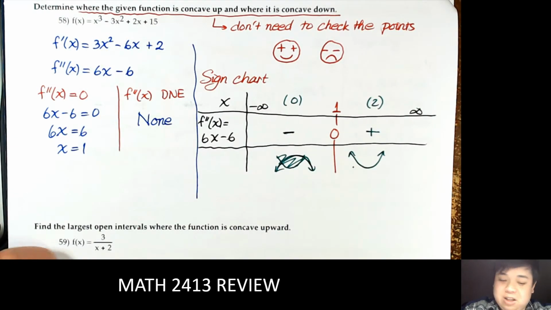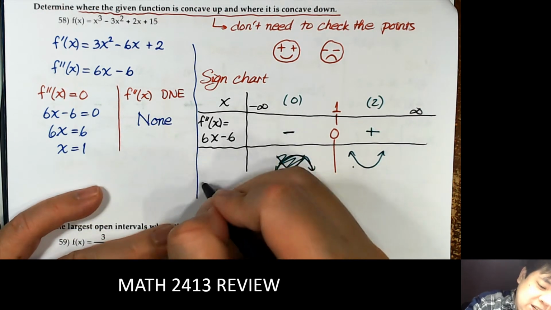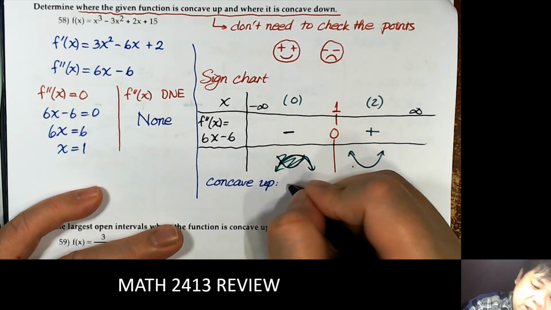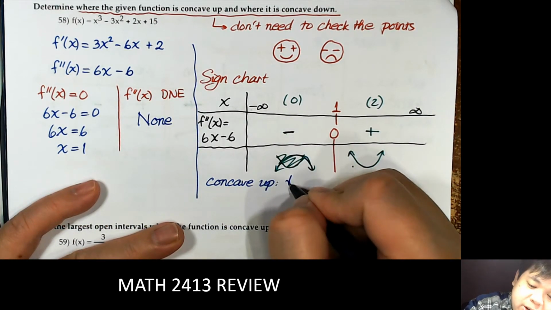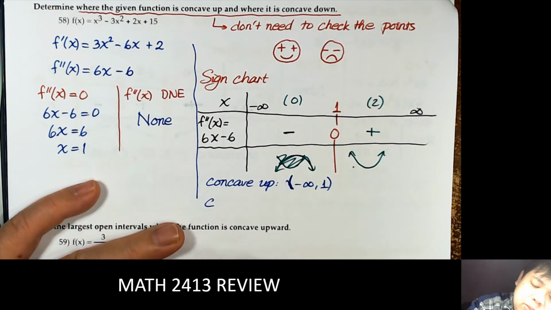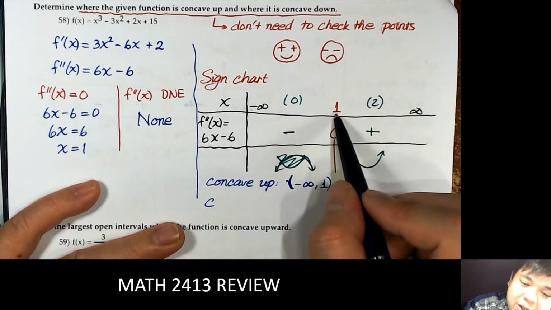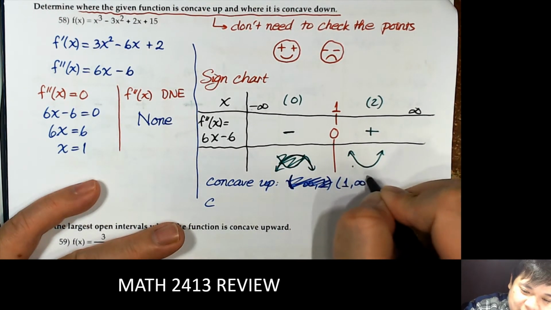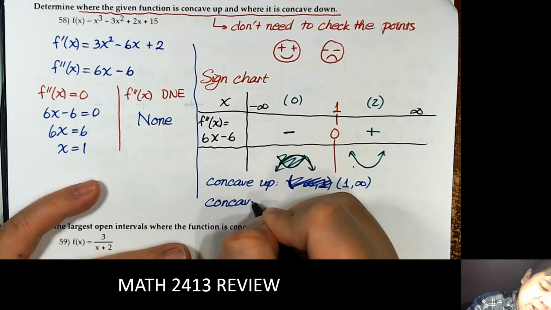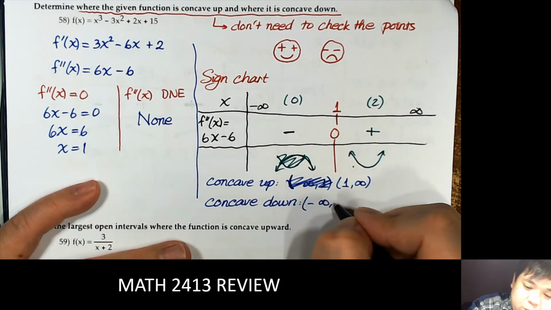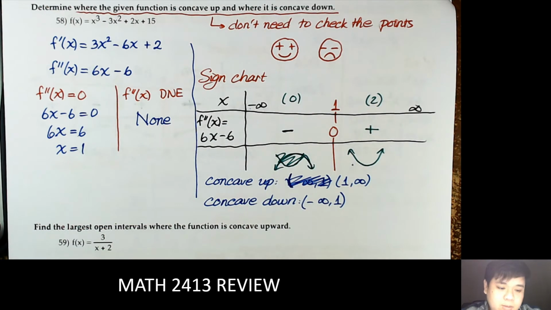So we write concave up where x is in the interval from 1 to infinity, and concave down from negative infinity to 1. Right, so that is just that.